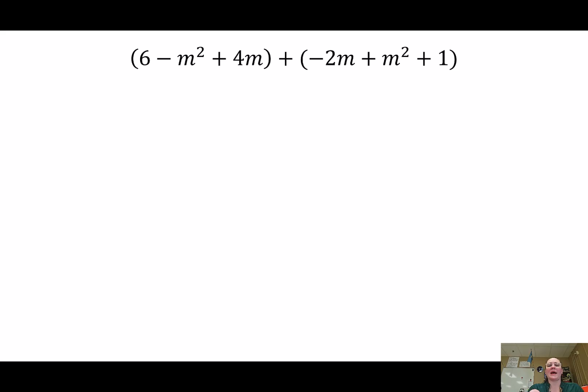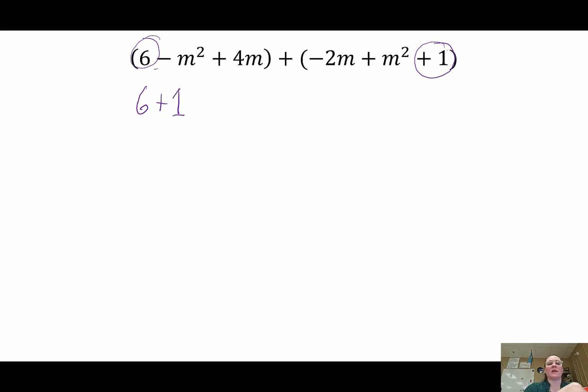So this one is adding. I've got a constant here first, so that's what I'm going to look for. Do I have a constant over here? Yes. So I've got 6 plus 1 that we're adding together.